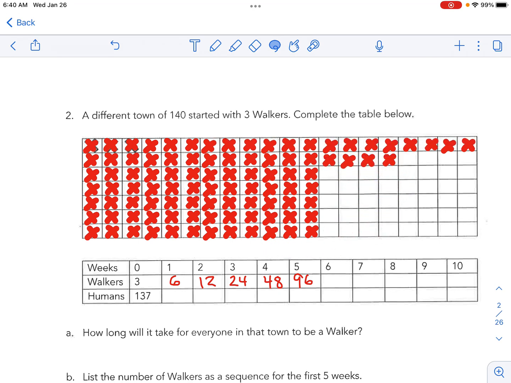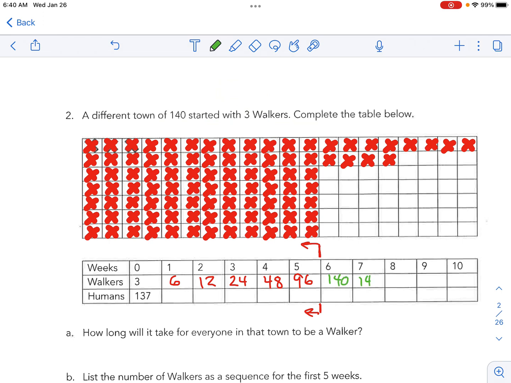Right, and at this point, if our village had an unlimited population, we could then have those 96 zombies bite 96 more people and have 192 zombies, but our population is capped at 140.